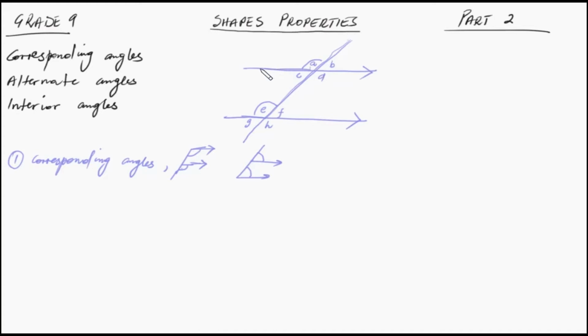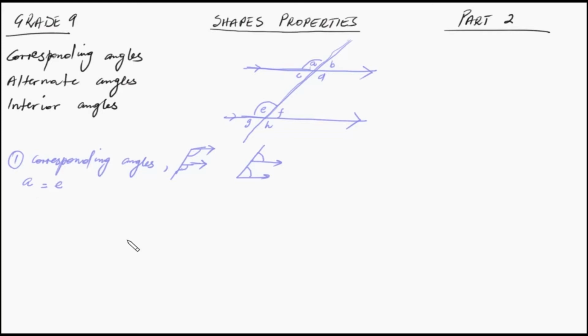And these lines are parallel, remember. Okay, so it's an F. So this angle A and E are corresponding. So once they are corresponding, they are equal. Corresponding angles are equal. So we can say A equals E. Why? Because they are corresponding angles.